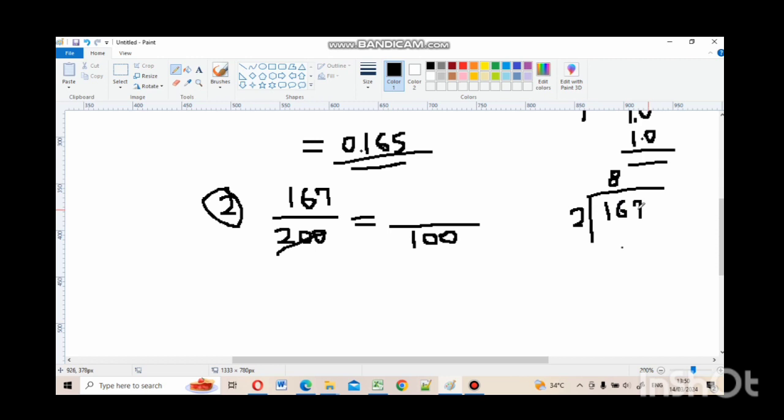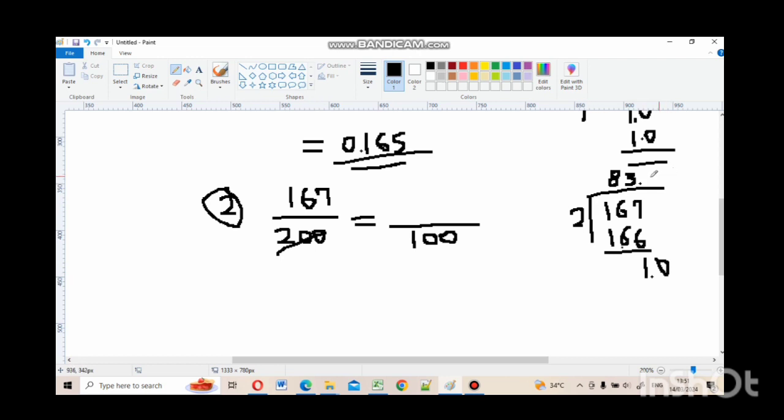And then 2 in 7 we have 3, remainder 1. 2 times 83, you have 166. 167 minus 166, you got 1. 2 in 1, no. Apply a decimal point here and add 0.